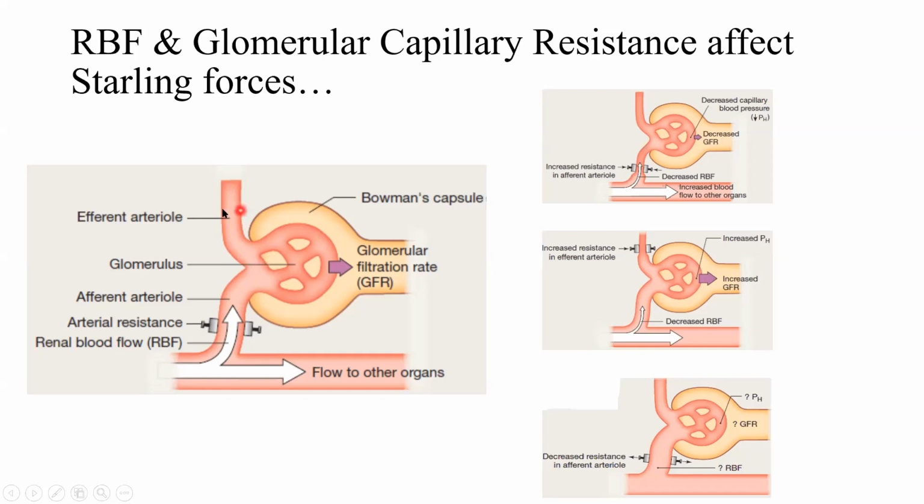Now what you do is you vasoconstrict the efferent arteriole mildly. You see, there is a complexity here. There are two sub scenarios in this scenario. One is mild constriction of the efferent arteriole, and then there is a severe constriction of the efferent arteriole. First, let's work out the mild constriction.